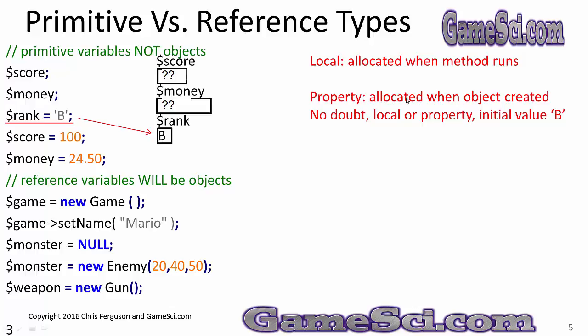If this is an object property, it will not be allocated and will not contain the letter b until I build an object, and then this will be part of the object that I build. There's no doubt whether this is local or property, this will have an initial value of b and I can use it immediately. This is how I like to create my variables, with initial values in them.